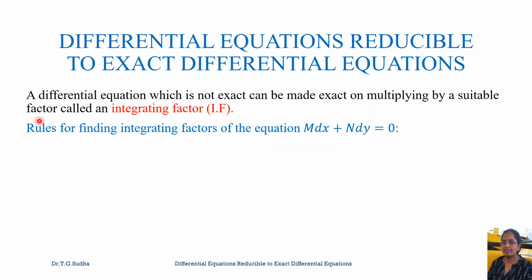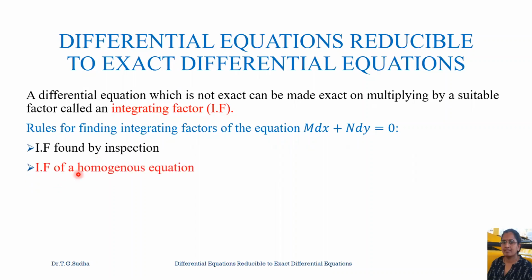These are the rules for finding integrating factors of the differential equation of the form M dx plus N dy equal to 0. In the previous session, as I told you, we discussed the integrating factor which was found by inspection.